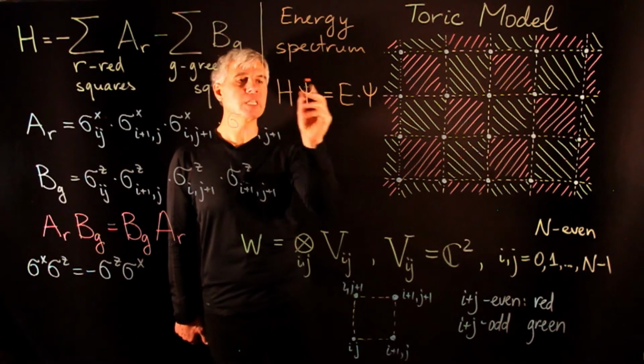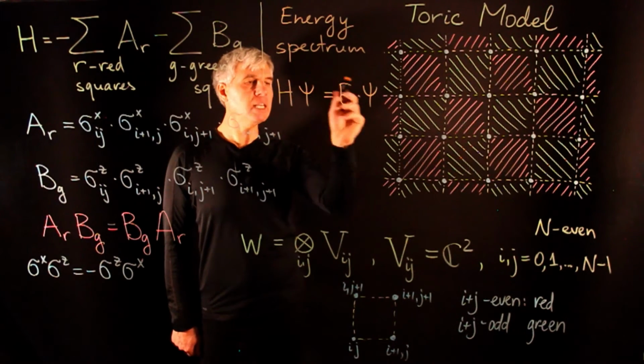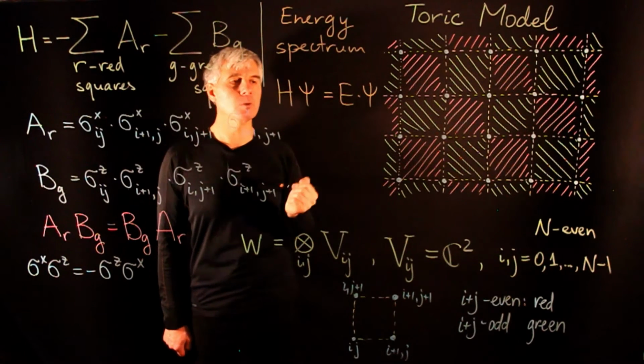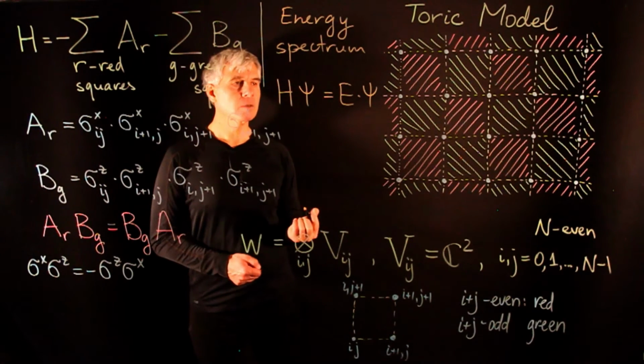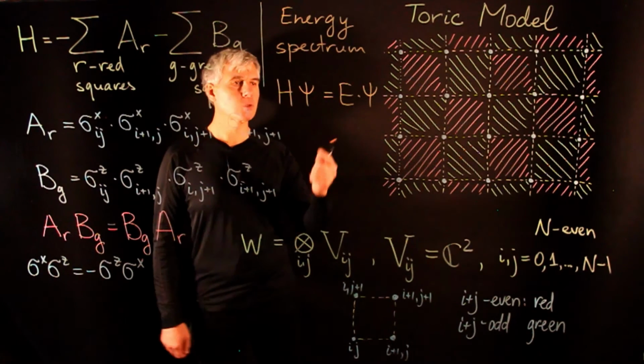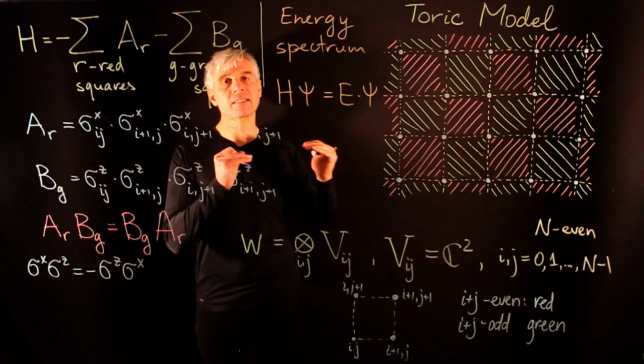Here psi will be the energy eigenstate, and E is the corresponding eigenvalue, the energy level corresponding to that state. In particular, we would like to understand what is the ground energy level, the lowest energy in this model, and what are the excited states.